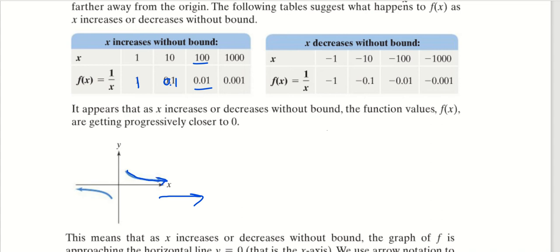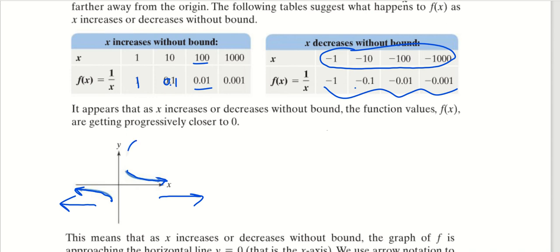We would observe something very similar if we tried to approach negative infinity for x. So when x gets larger without bound, the function values are getting smaller and smaller, and they're approaching 0 through negative values. So that's going to look like this. Again, we can write this in limit notation.